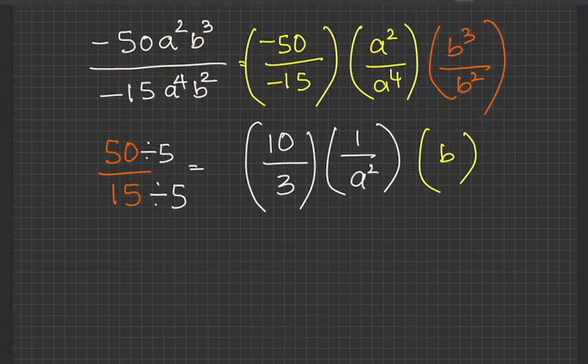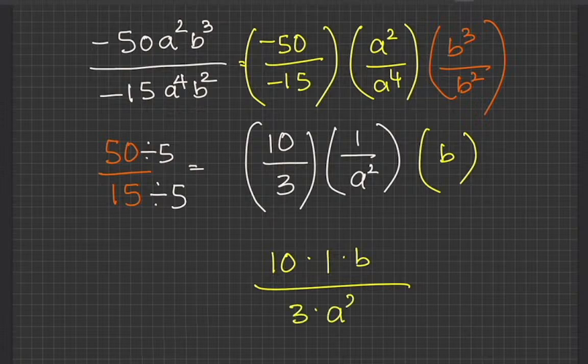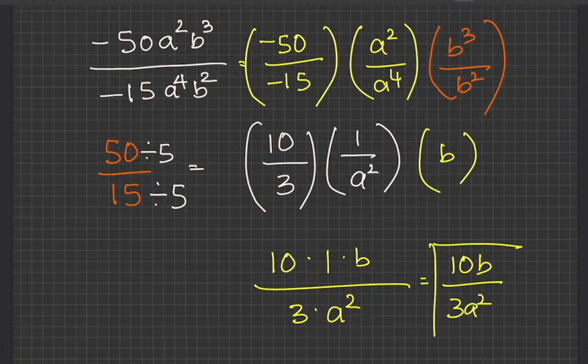In my next step, my numerator is 10 times 1 times b, by 3 times a squared, which is nothing but 10b by 3a squared. This is your quotient. Correct? Got it? So 10b by 3a squared will be your quotient.